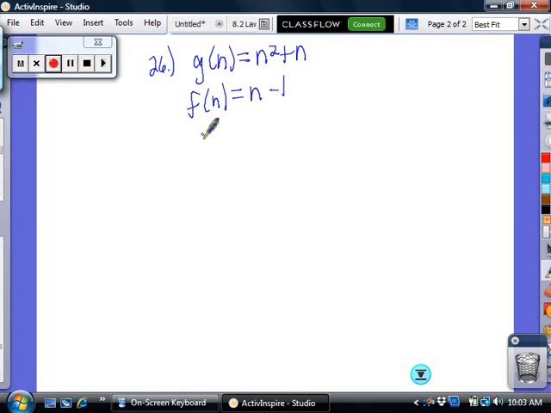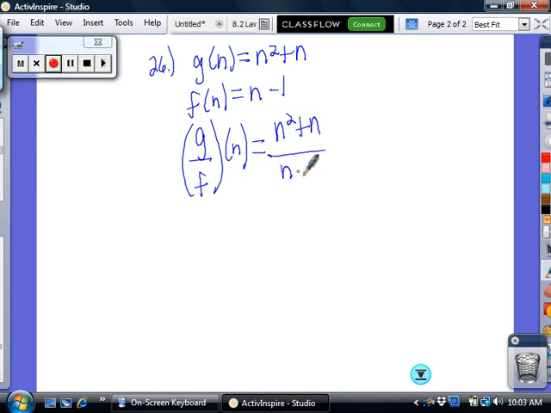And we're to find g of f of n. So it's just what it says. You take g and you divide by f. Now if I could factor this out and get an n or n plus 1 on the bottom, I would do that.